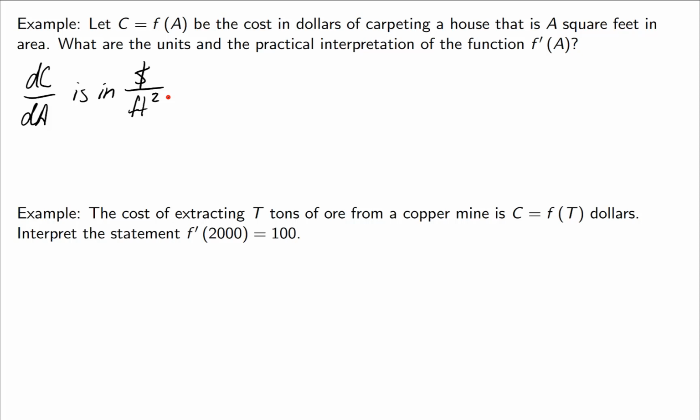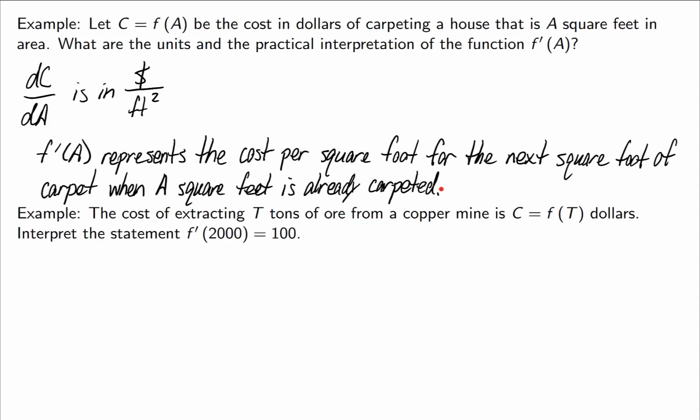So to interpret this, what would f prime of a actually represent? The way that we tend to do this is consider the next value. If I were to take the area and increase it by 1, the change in cost would be roughly equivalent to the derivative. And that's how we're going to interpret these things. Let's write that down more carefully.